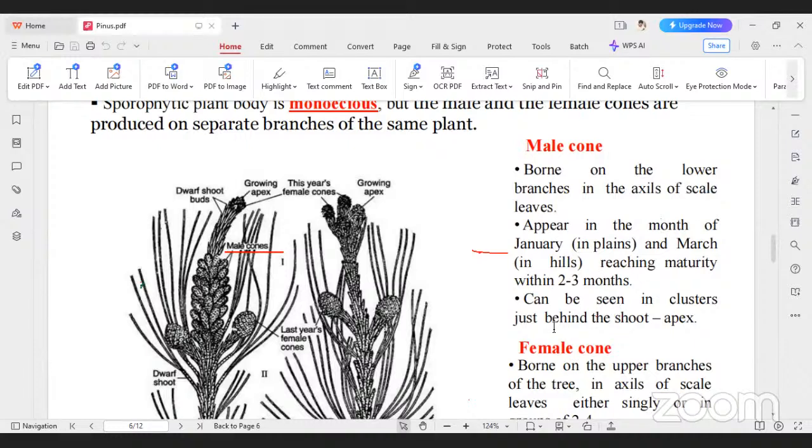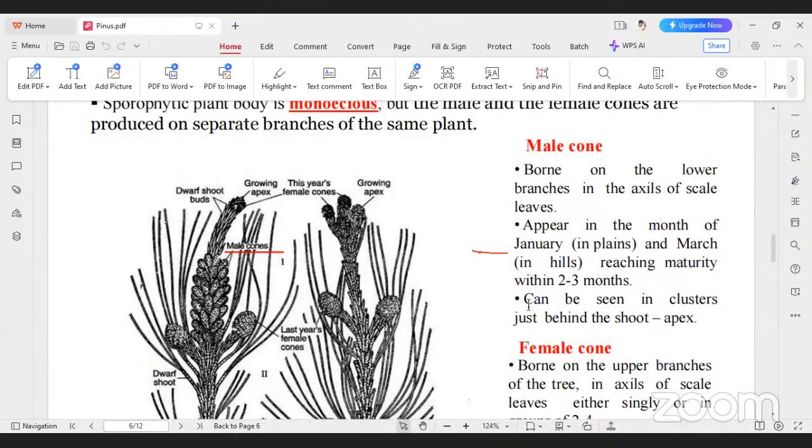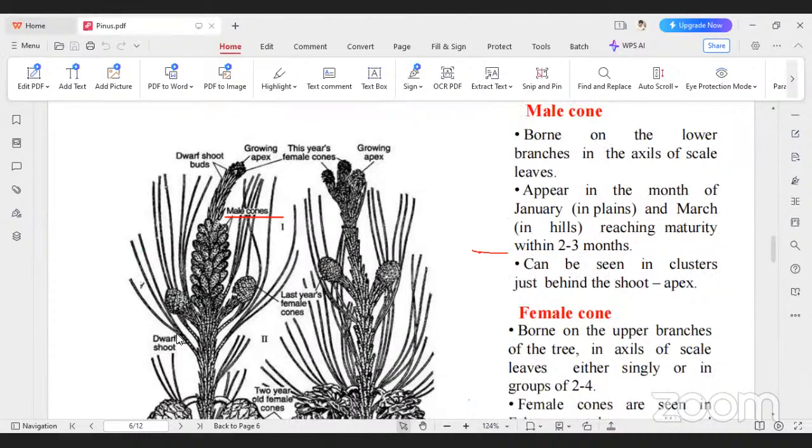They can be seen clustered just behind the shoot apex, like a cluster. This is a group of male cones. This is the axil of the scales, and this is the dwarf shoot. The place of the dwarf shoot is replaced by the group of male cones.